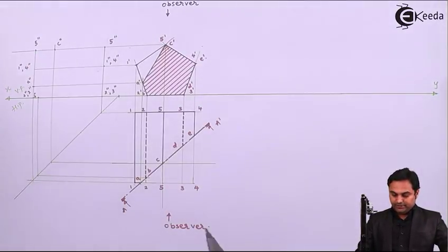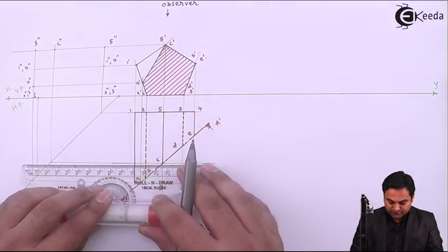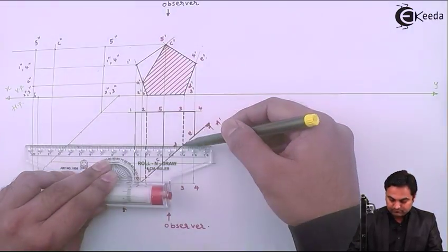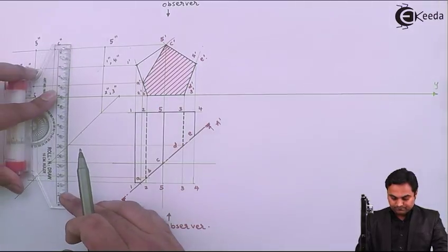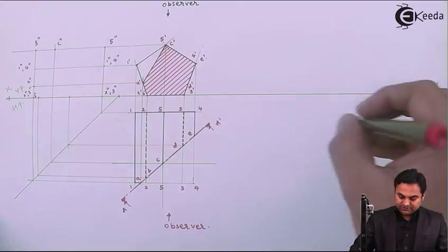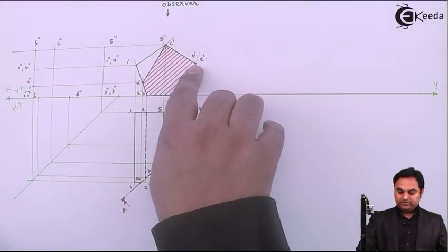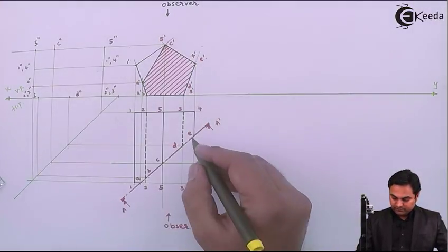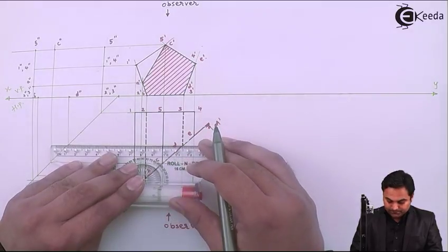Then point D is again on xy line, here D dash, and D I'll project it. So here we have point D, and this will be D double dash. Then point E is on this location, and here we have point E in the top view.